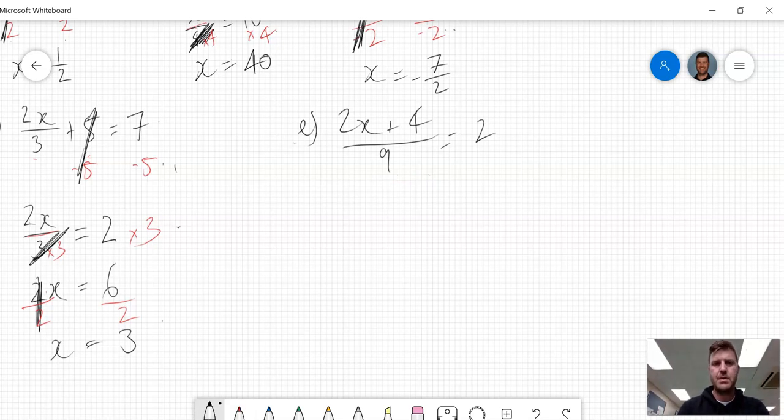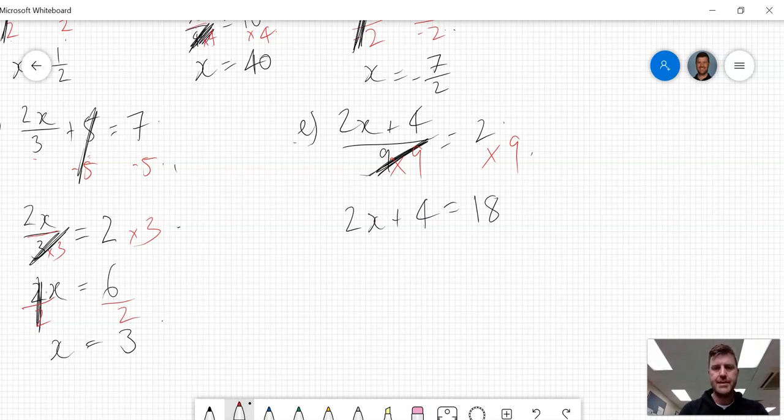Because there's two terms, the 2x and the positive 4, they're both divided by 9. So to get rid of that, I'm going to multiply by 9. If I do that over there, I'm going to multiply by 9 over here, which cancels it out on the left-hand side and gives me 2x plus 4 is equal to 2 times 9, which is 18.